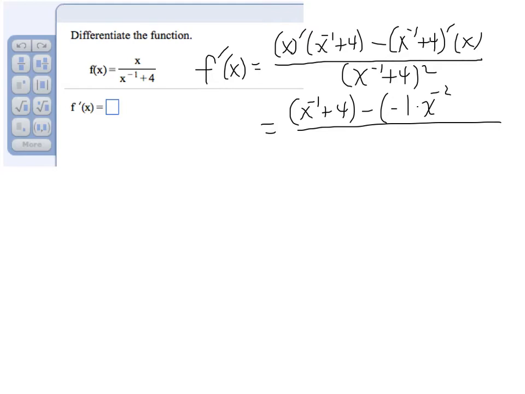And then, of course, plus 4, the derivative of the constant 4 will be 0. And then that's still multiplied by x. The x that's here just comes down to here. So the derivative of this is this guy, and it's still multiplied by x. And we still have our x to the minus 1 plus 4 squared in the denominator.